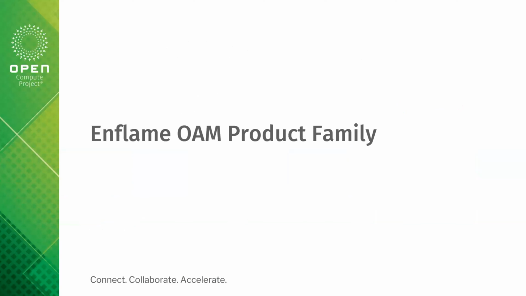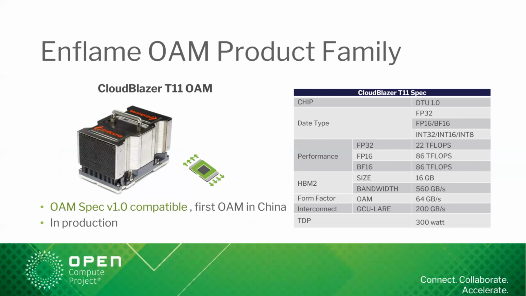So the OAI product family. This is our first OAI product. We call it Cloudblazer T11. It's OAI spec version 1.0 compatible, and it's the first OAI module in China. The TDP is about 300 watts.